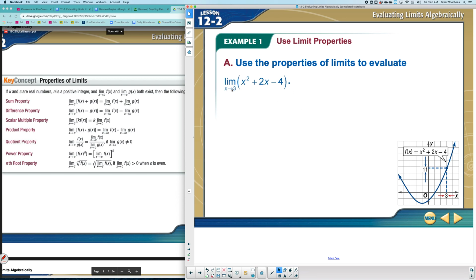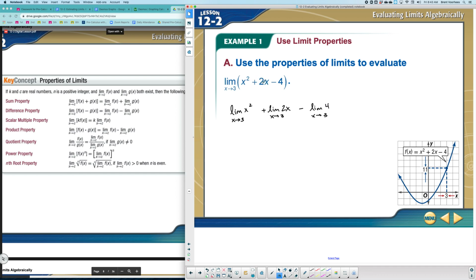Using these properties, first we could say that this would be equal to the limit as x approaches 3 of x squared, plus the limit as x approaches 3 of 2x, minus the limit as x approaches 3 of 4.